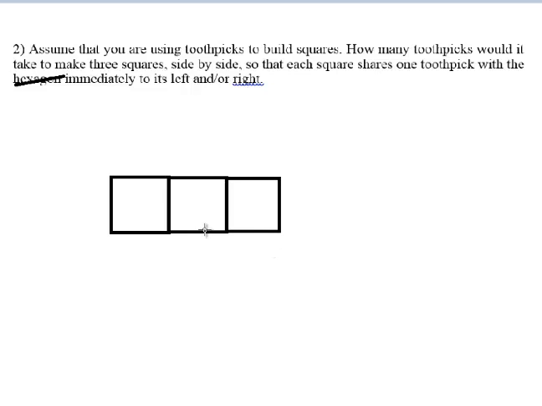In this kind of scenario, you can really just count them. 1, 2, 3, 4, 5, 6, 7, 8, 9, 10. It seems like there's 10, which also makes sense because there would be 12 for 3 squares, 3 times 4 is 12, and then there are 2 that are being shared. So either way, the answer would be 10.